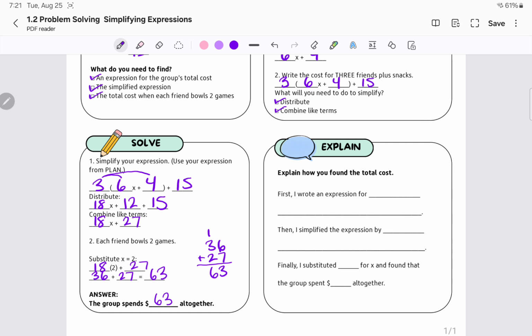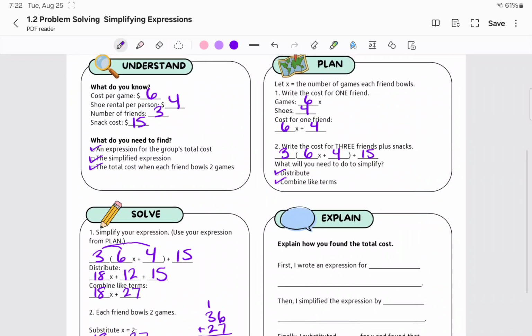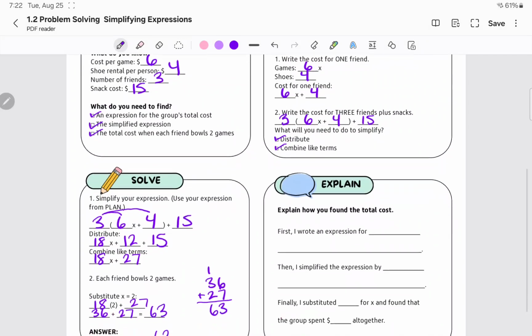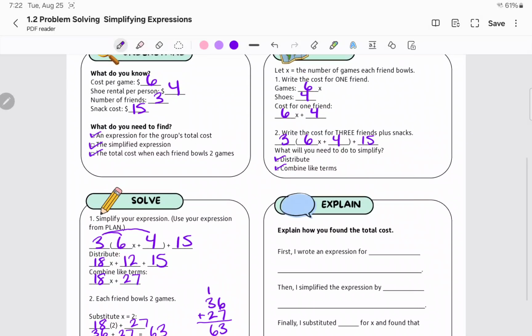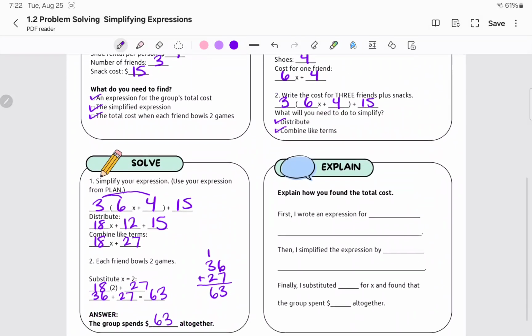Now my last part of problem solving is always the explain, and this time I've given you some or most of the sentence for you. So explain how you find the total cost. First, I wrote an expression for, and what did we do first? We wrote the expression for one friend. Or sorry, we actually wrote it for one friend and then 3 friends. So let's do that.